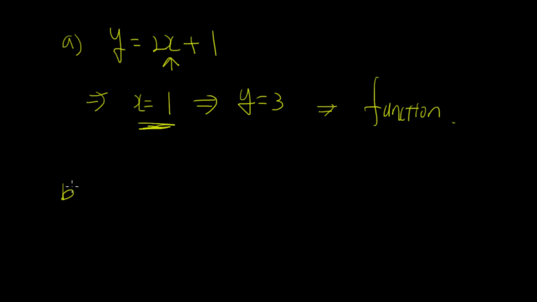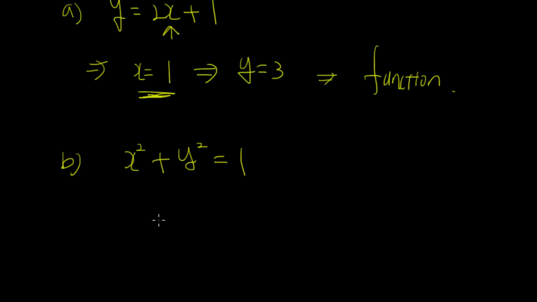Counter example. Let's say x squared plus y squared equals 1. Let's check out this equation. So, in order to see this slightly better, let's rewrite this as y squared equals 1 minus x squared.